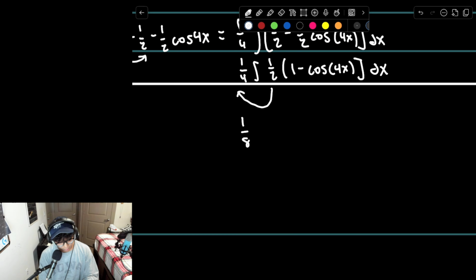We can make that 1/8 times the integral of 1 minus cosine 4x dx.